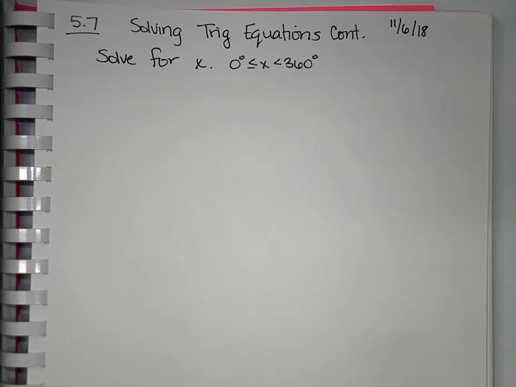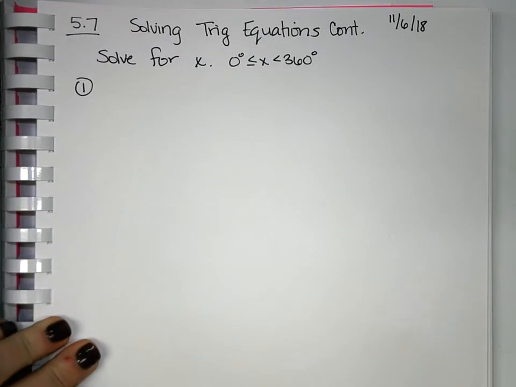So we're going to go over two types that are going to be on your test that involve some different strategies. But for right now, we're just going to do a couple more to make sure you guys have a good grasp as to what solving is like.